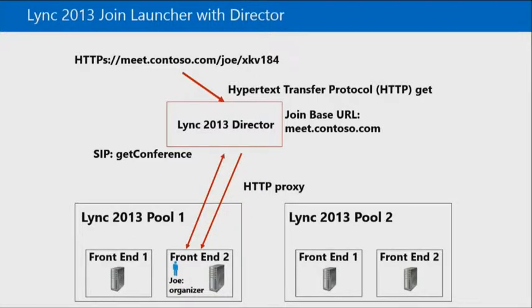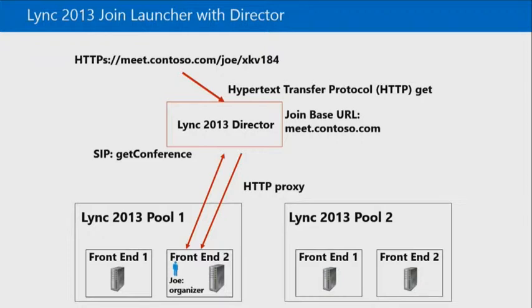So we're going to walk through these few scenarios about what happens depending on if you've got a director in your environment or not, about how that join launcher works. The thing to remember, though, here is, in fact, this is all after that has gone through the transparent reverse proxy. Right, so your link for meet.contoso.com/Joe and his meeting ID, in fact, resolves to the reverse proxy.